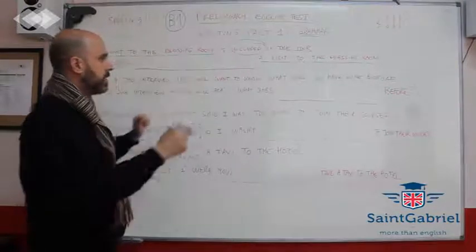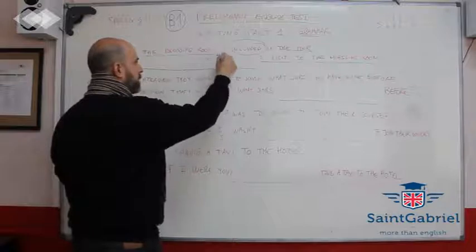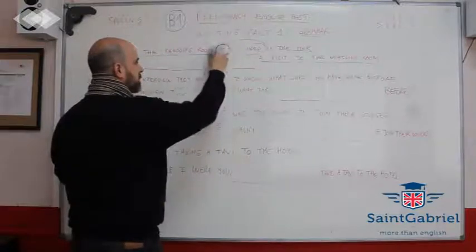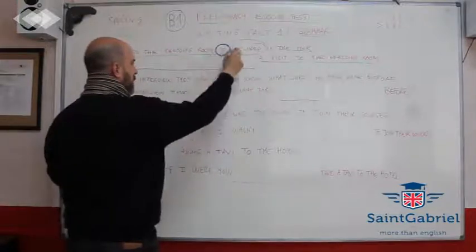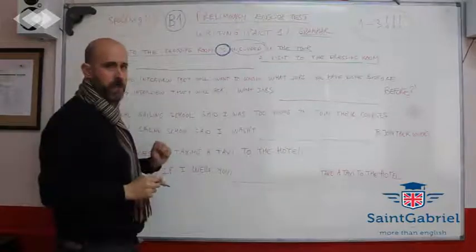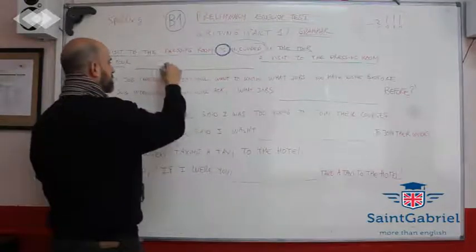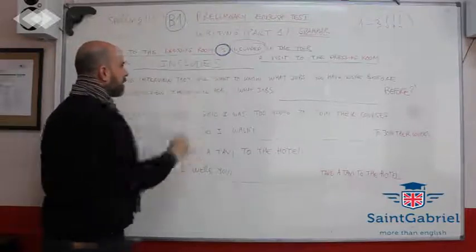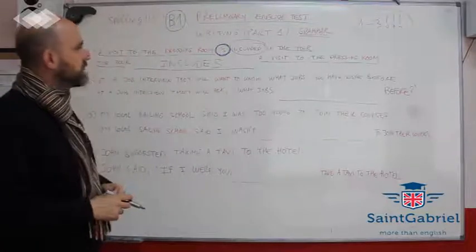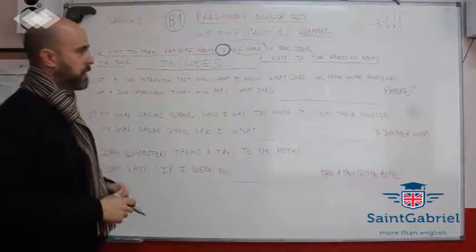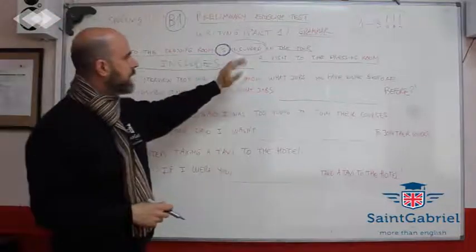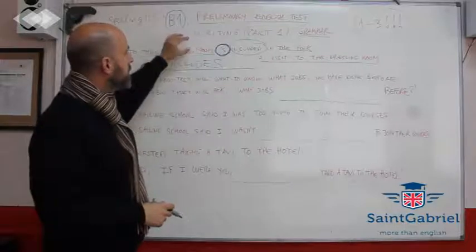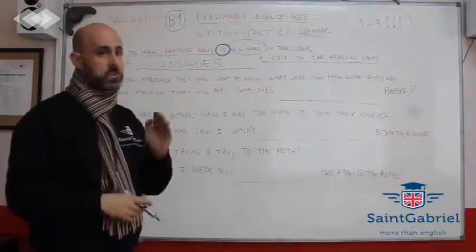Always remember, if this is present tense, it has to be in the present tense as well. So it's quite easy actually. So the to includes a visit to the dressing room. Now this sentence has exactly the same meaning as the sentence above, which is what you have to do.